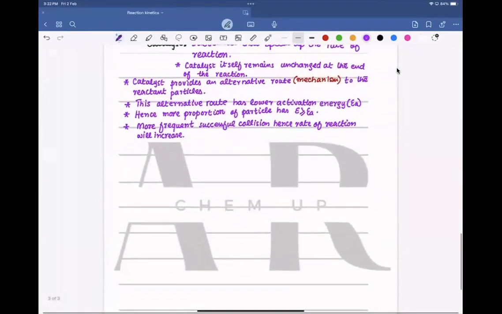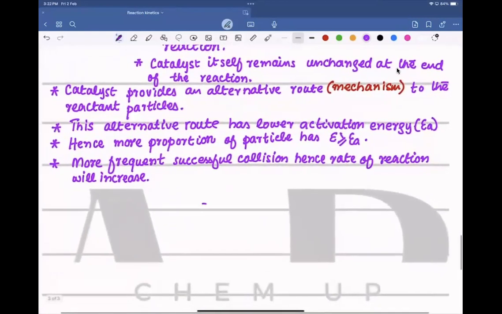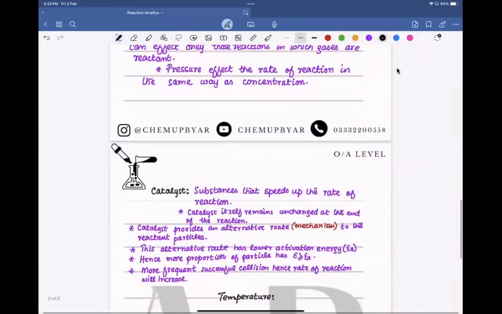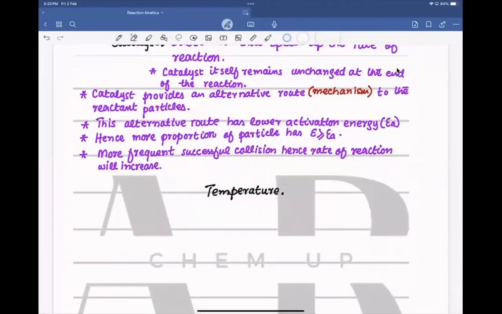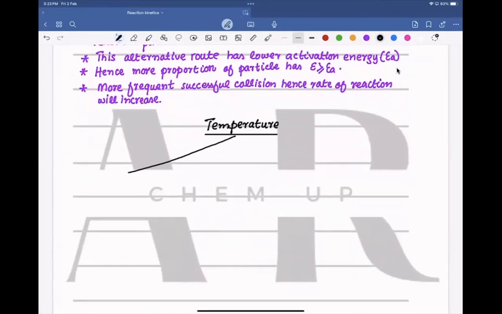Okay, now after catalyst, the next factor is temperature. So either the temperature will be lower or there will be a higher temperature.